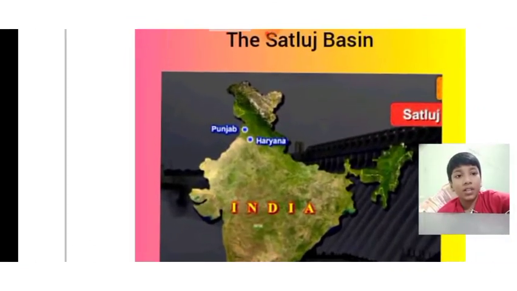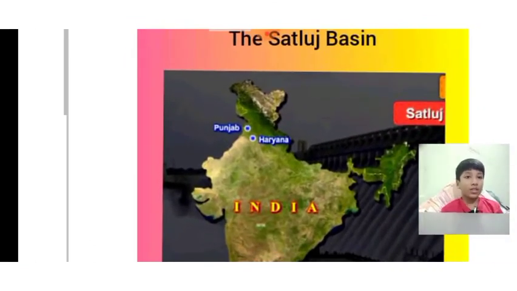The last, that is the Sutlej basin. It covers only Punjab and Haryana. Before learning about the Sutlej basin, we'll see the rainfall of the three basins. The Ganga, the central basin, gets heavy rainfall.